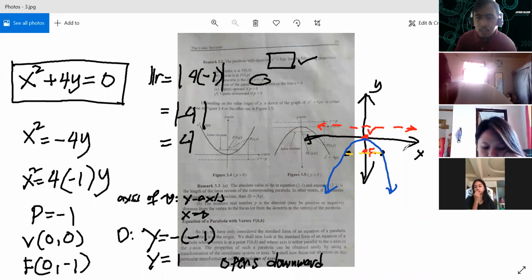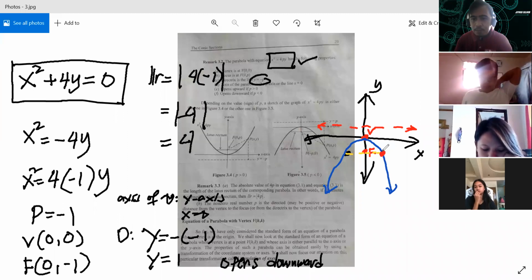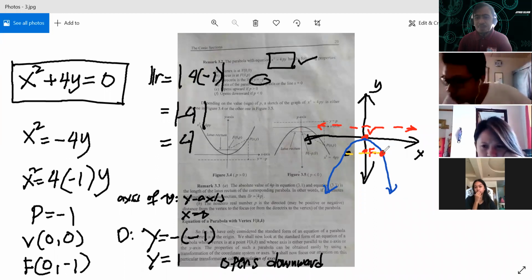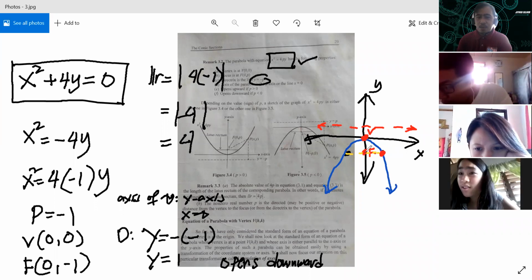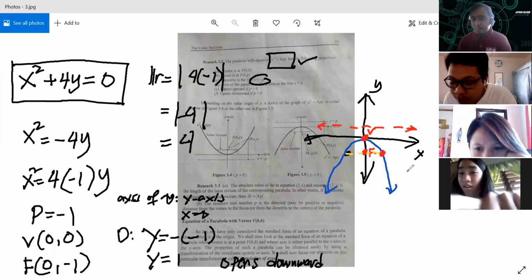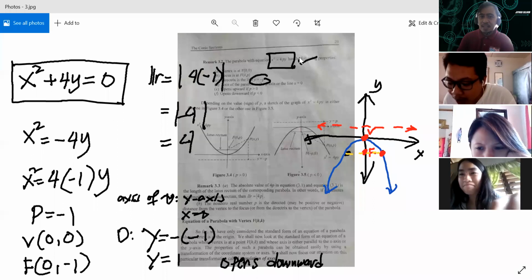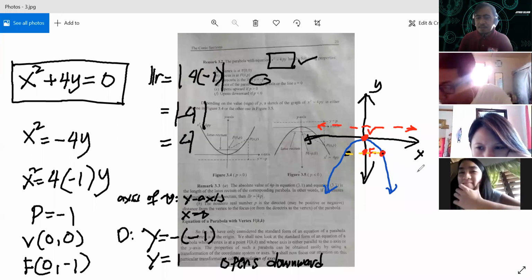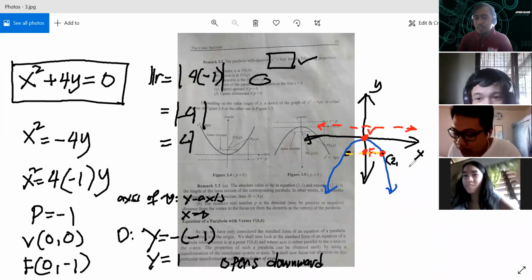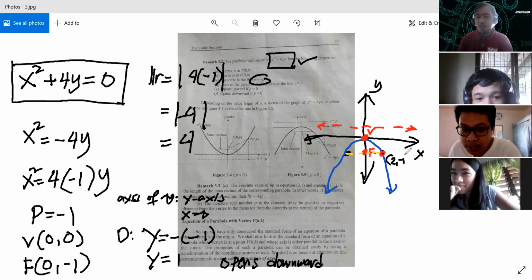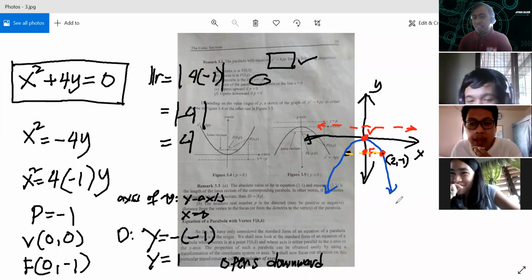Before going through that, let me ask you, what is this point? If this is 0, 0, what is this point? By the way, this point is 0, negative 1. The point is 2 and positive or negative 1? 2 and negative 1, very good.